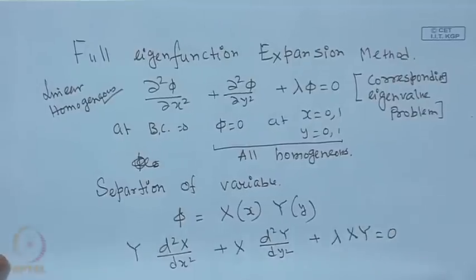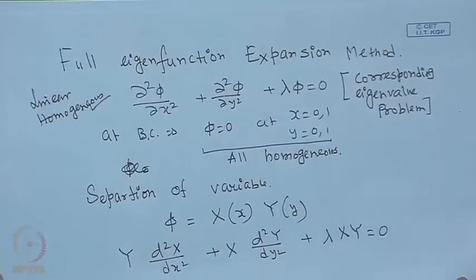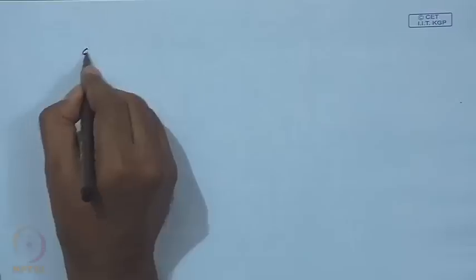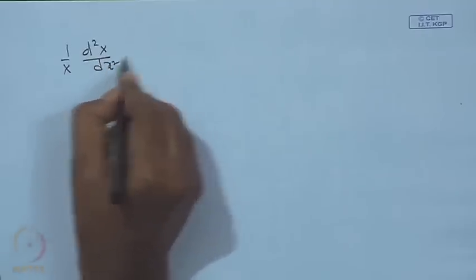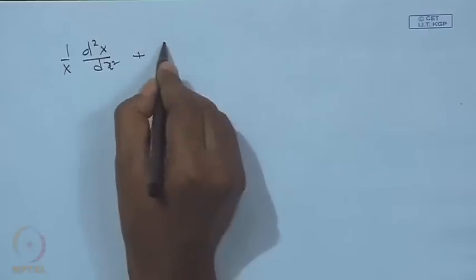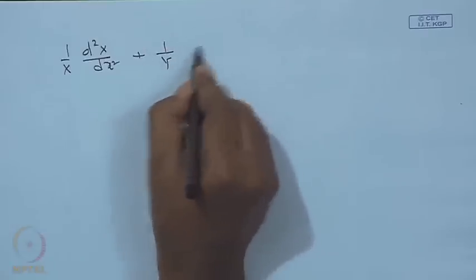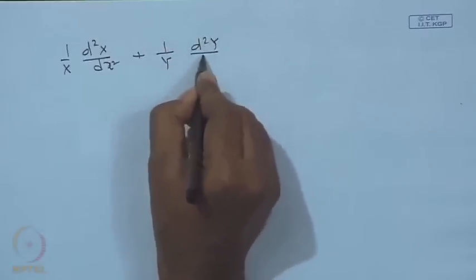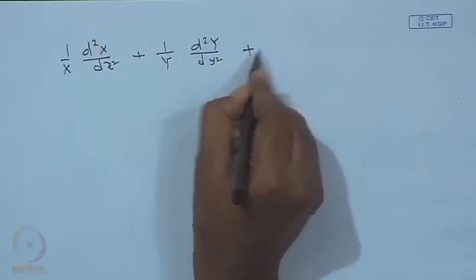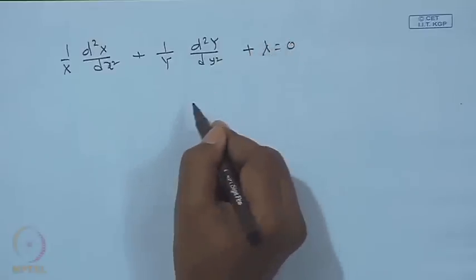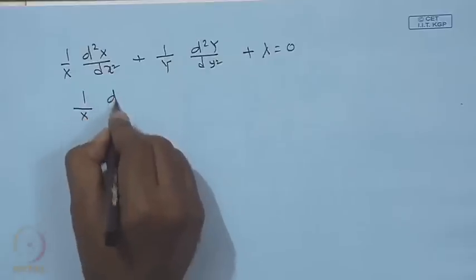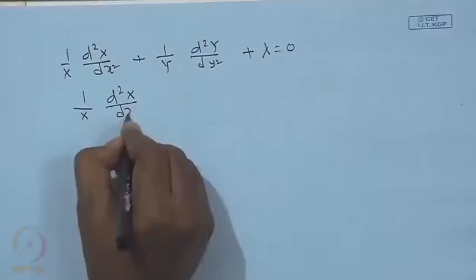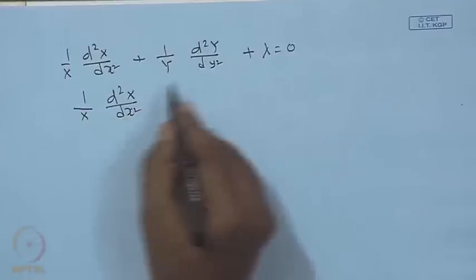So, we divide both sides of this equation by X Y. What we get is 1 over X d square X dx square plus 1 over Y d square Y dy square plus lambda is equal to 0. So, we write 1 over X d square X dx square and take the other terms to the right hand side.